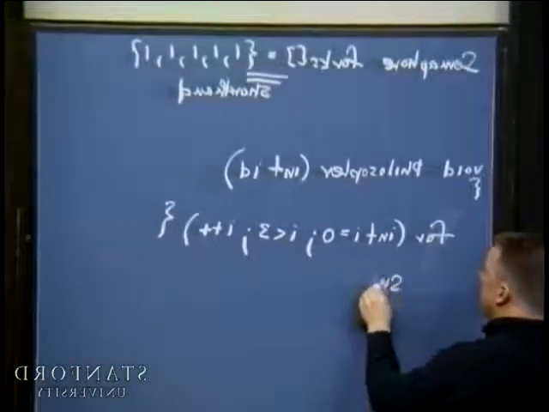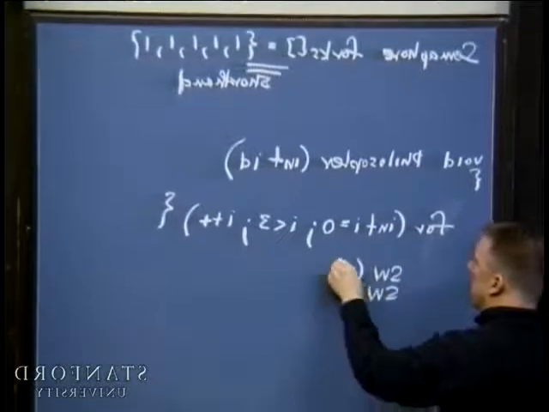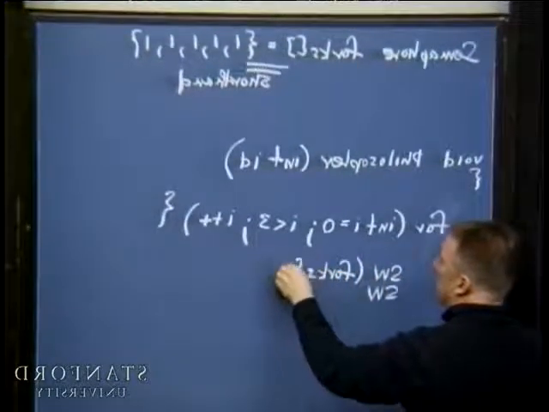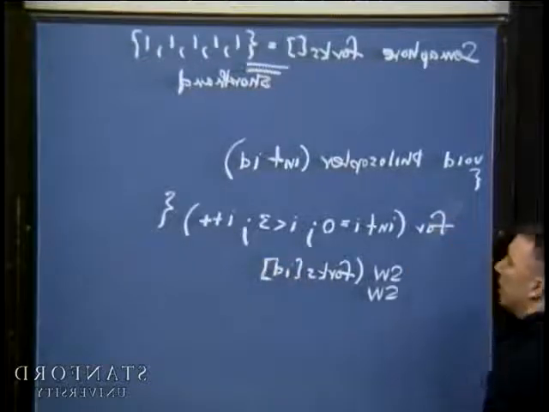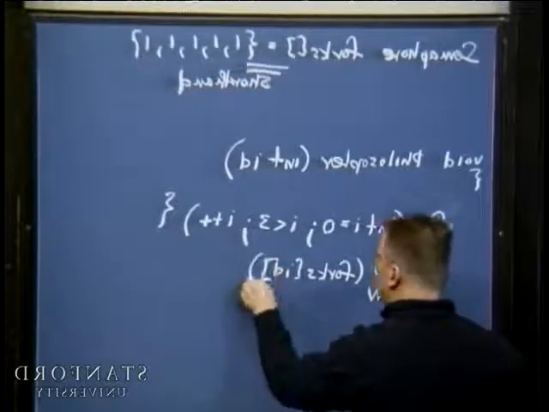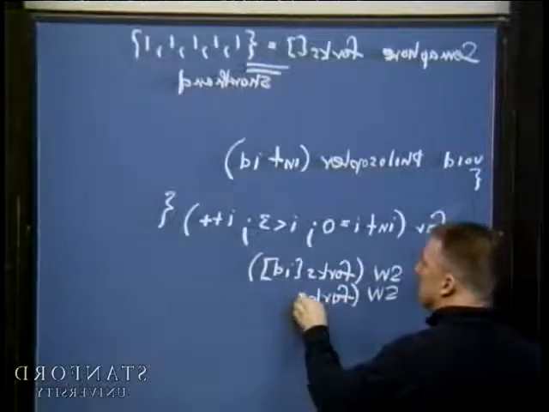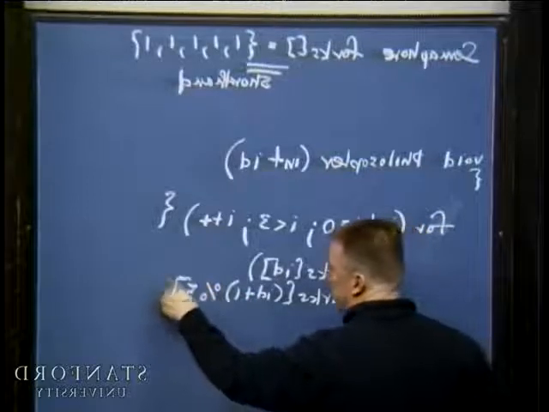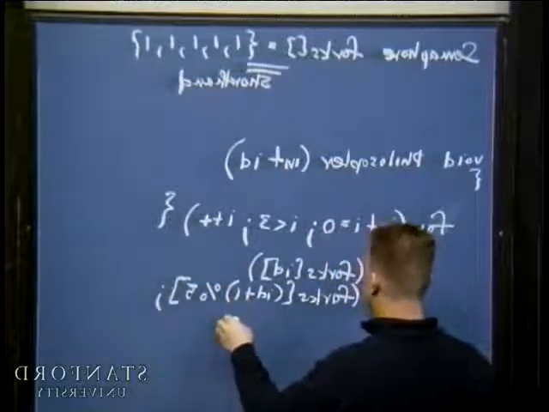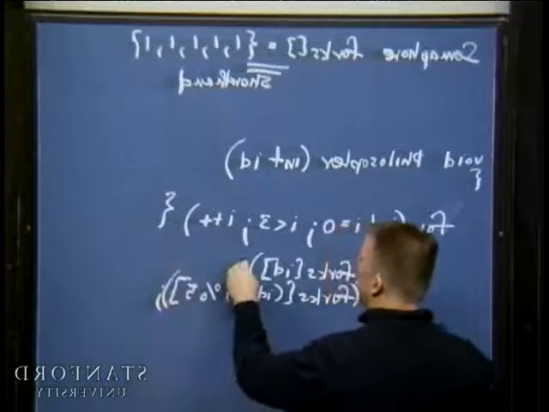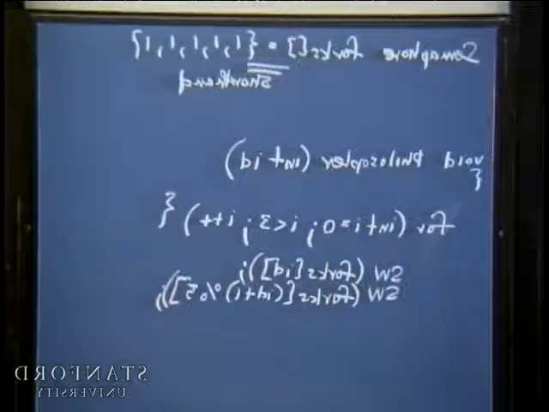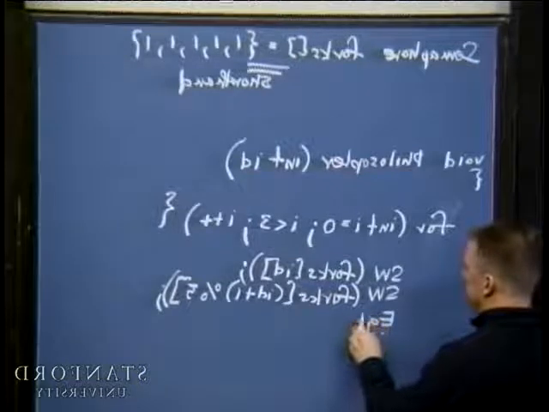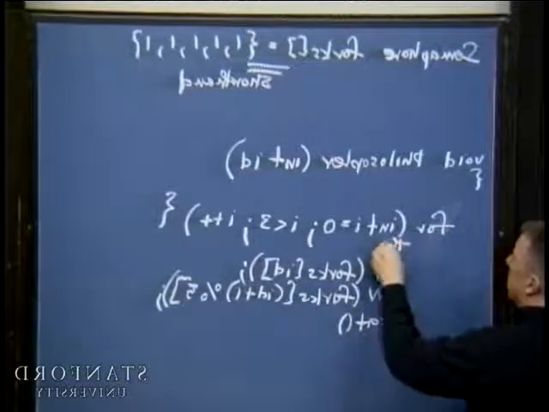That grabbing happens via 2 semaphore wait calls against forks of ID. I messed that up last time, I wrote i. Forks of ID, and then forks of ID plus 1, but we want to mod it by 5, just so it wraps around. And there we go. As long as they pass through those and return from those 2 semaphore wait calls in sequence, they're allowed to eat. This is after they think for a while.